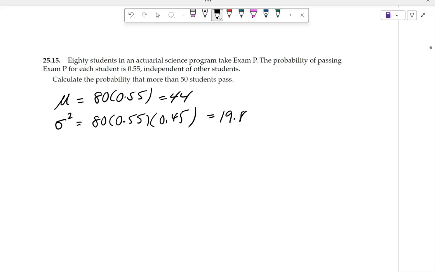All right, anyway. Mean, variance, okay? So we want probability of more than 50, right? So I'll just call it X. Again, we're going to use central limit theorem to approximate here, right? So the first thing we'll do is do the complement. So we'll do X is less than or equal to 50.